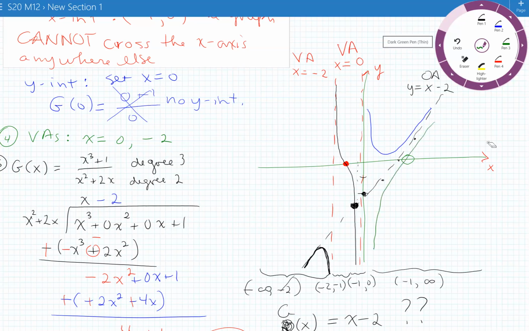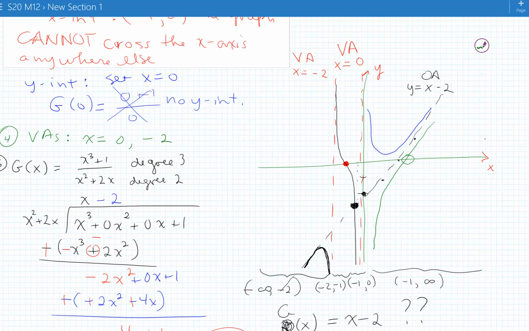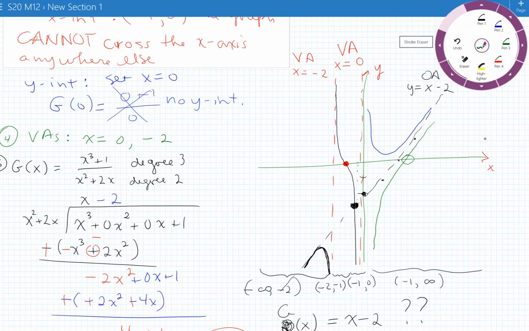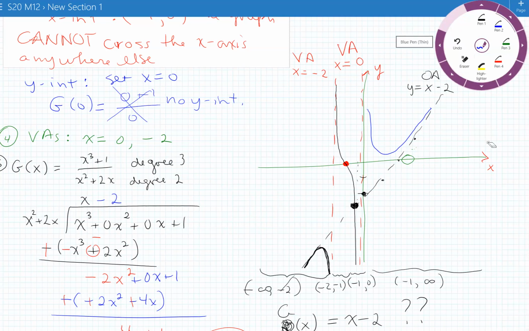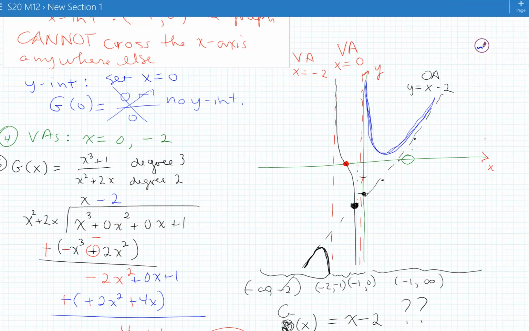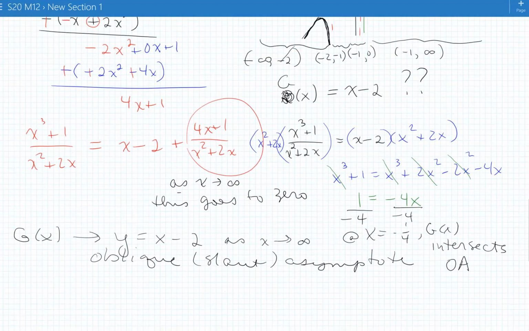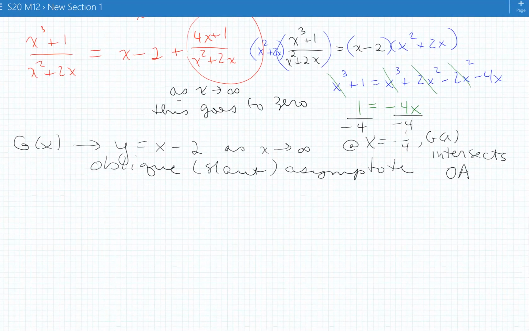So it has to be the blue shape. So I have to approach this vertical asymptote and approach this vertical asymptote. And then feel free to use Desmos to check your result. And that's the graph of our function. Okay, so I'm going to do one more example in another video.